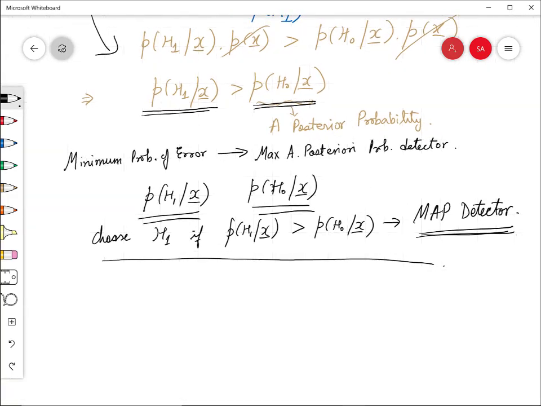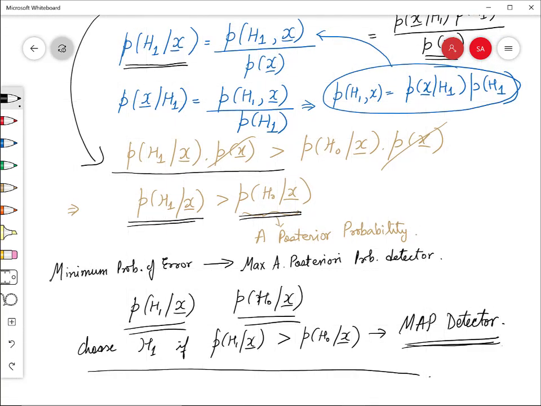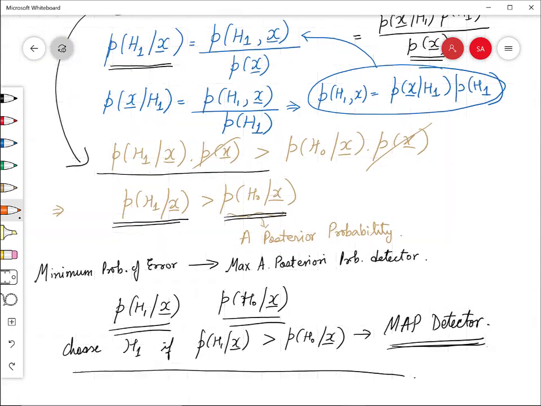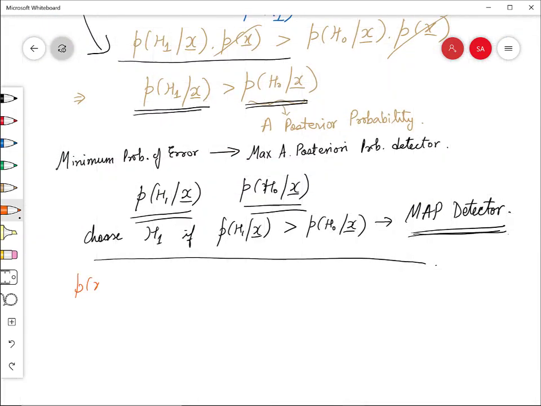now let's look at this particular expression again. Let me rewrite it. Probability of x given h1 times probability of h1 is greater than probability of x given h0 times probability of h0.